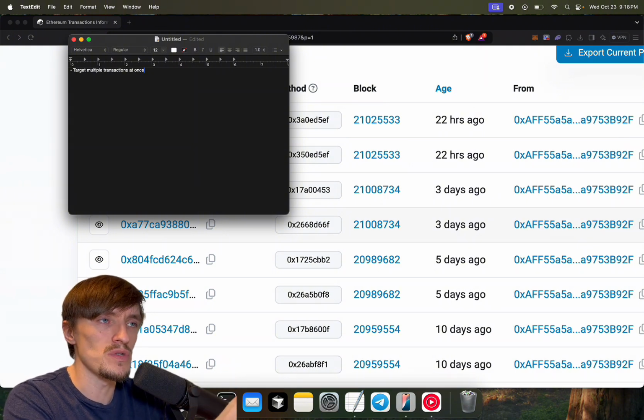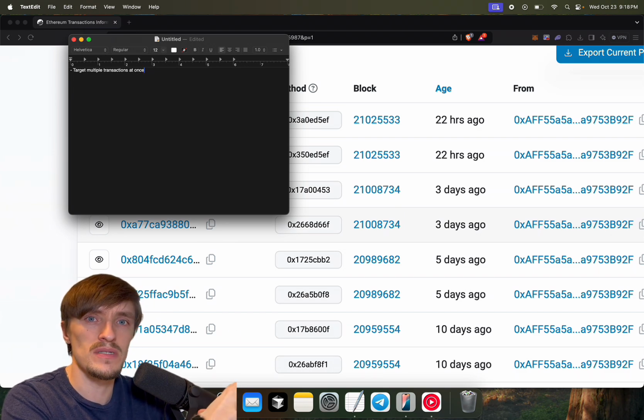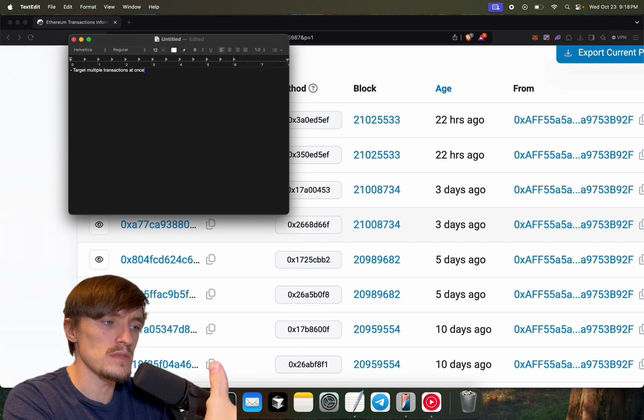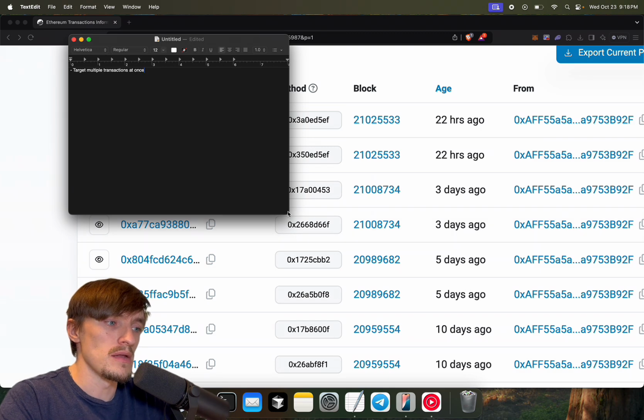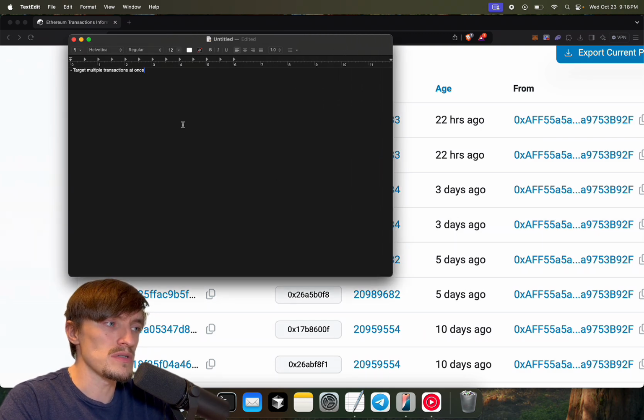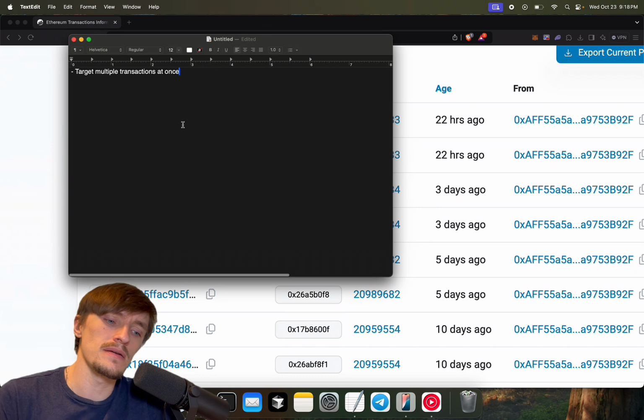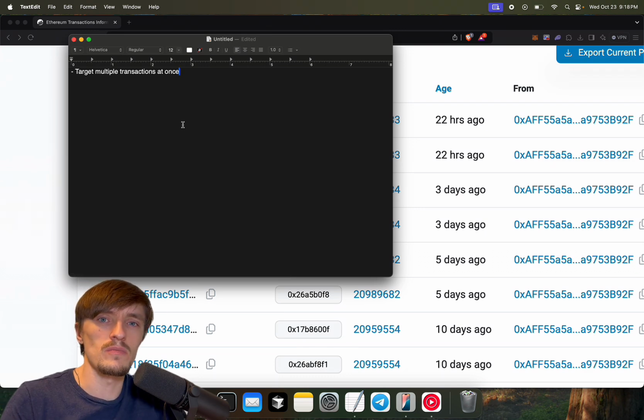So you can be sandwiching 3 or 4 or 5 transactions, 5 victims at once. That's what Jared does. He is, well, not only him, but many other bots. They simply take a look at all the transactions in one block and put them together in one single bundle, which increases the profit.